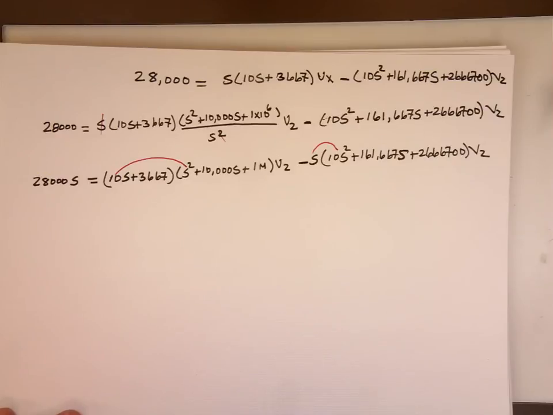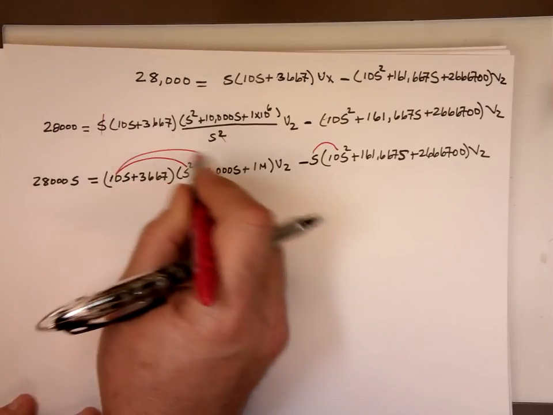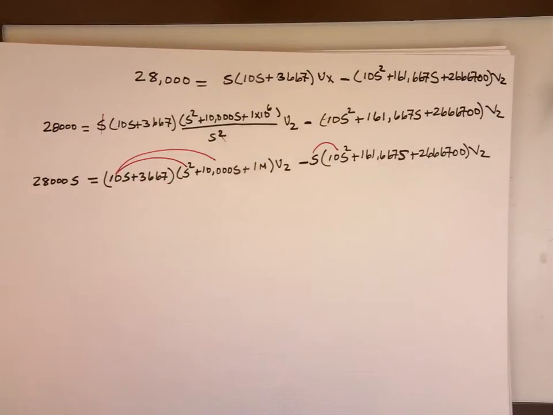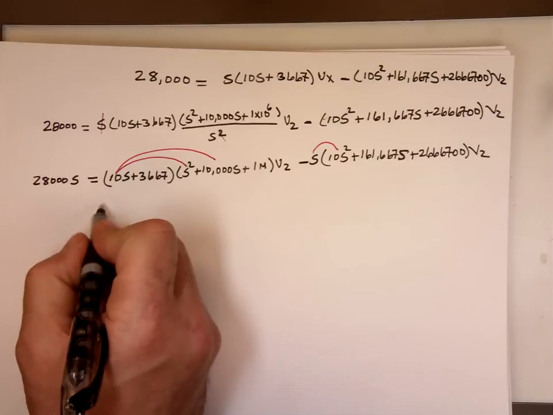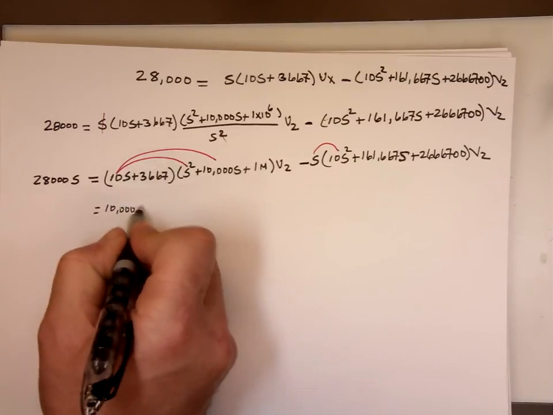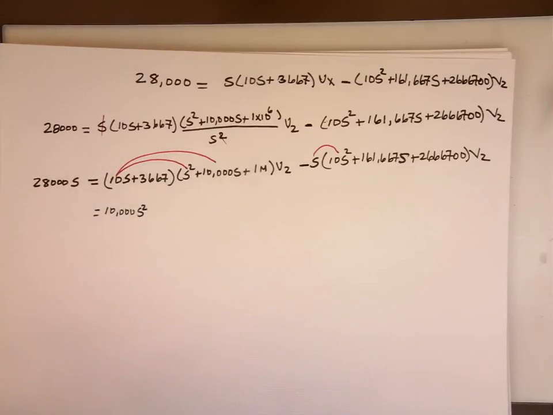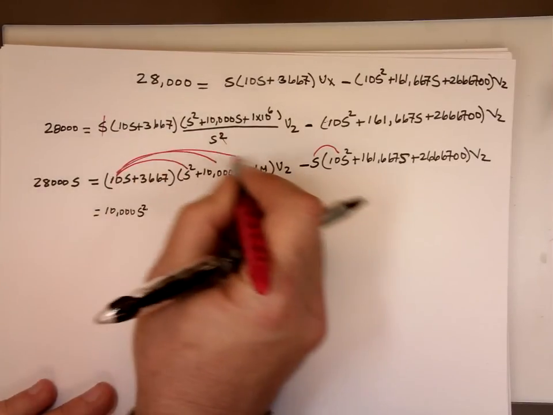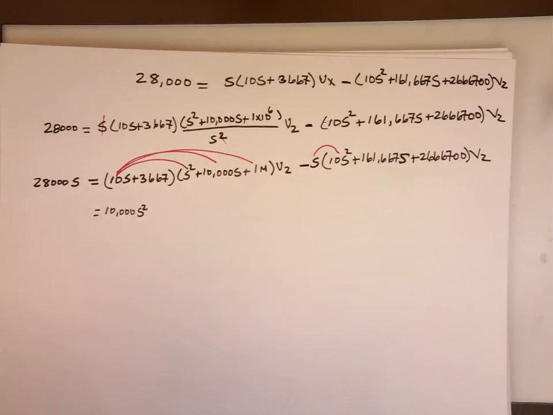Let's see what the rest of them are. What about this one? Is that 10,000s squared? Is 100,000? 10,000 times 10 is 100,000, yep.